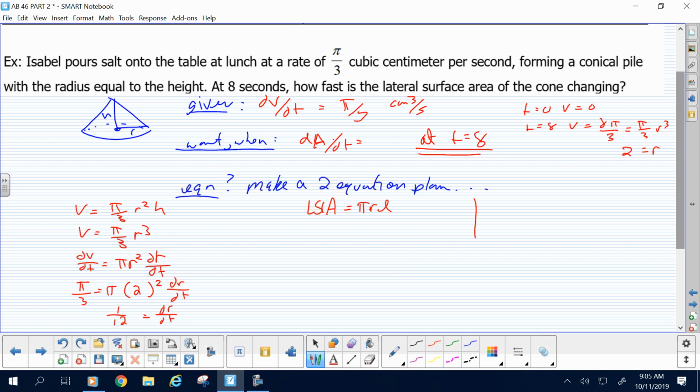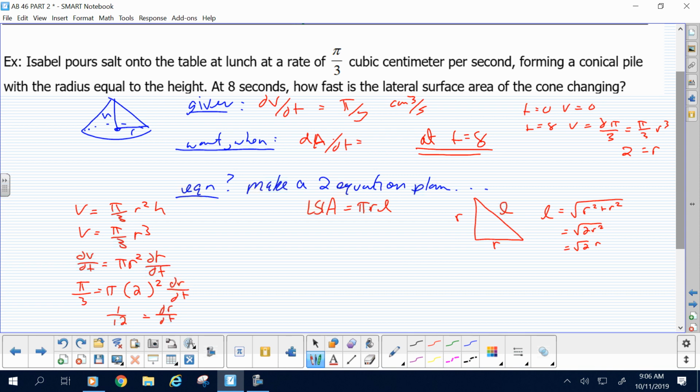Draw yourself a little picture here. Here's the slant height. Here's the radius. What else? And the height, but that's also equal to the radius. So what's L equal to? Root of 2r squared, square rooted, so root 2 r.